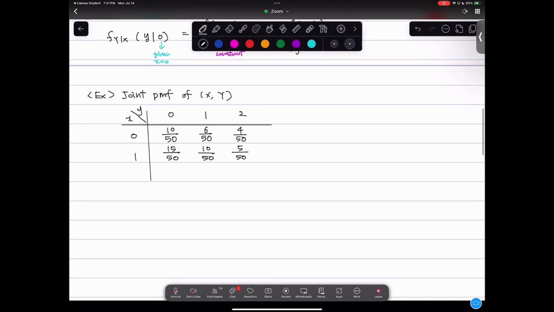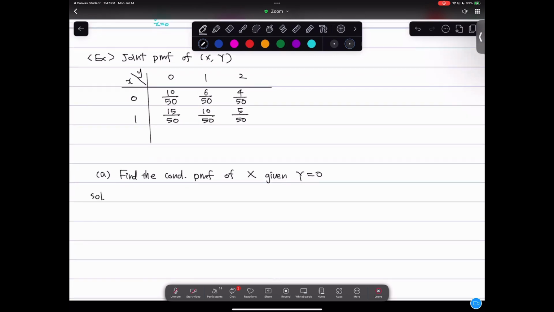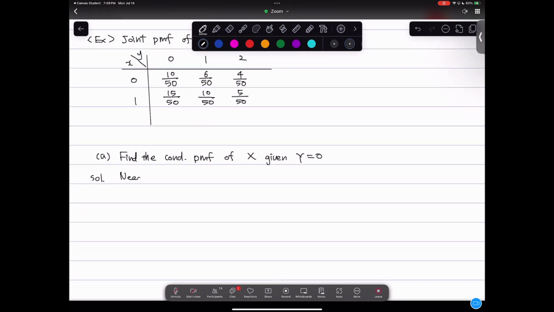So start from A, what's the conditional PMF? Let's find the conditional PMF of x given y, where I fix the y value at 0. So I want my PMF of x given y of 0. What we need to do is find f of x given y. x can be any of the possible x values, but the given y value must be 0.